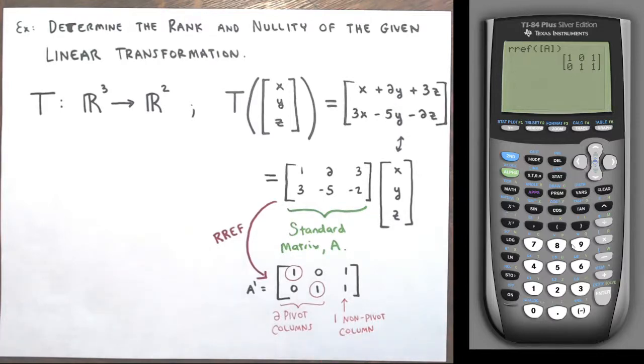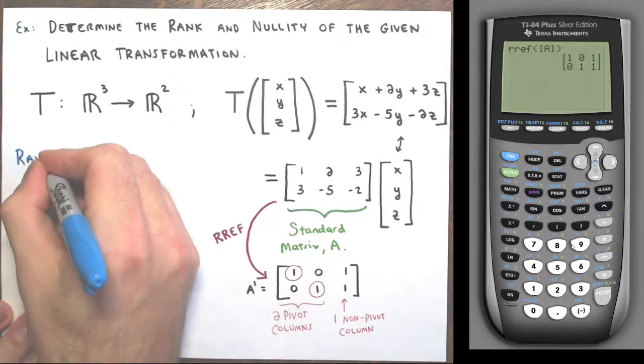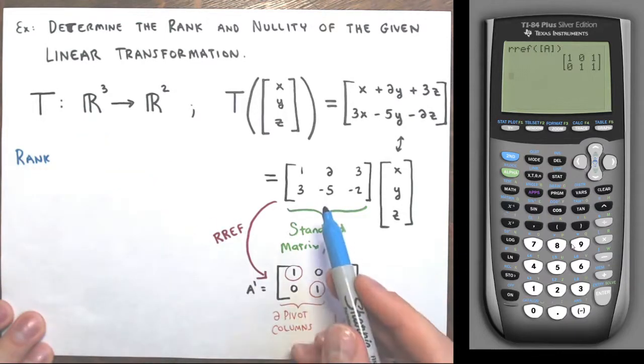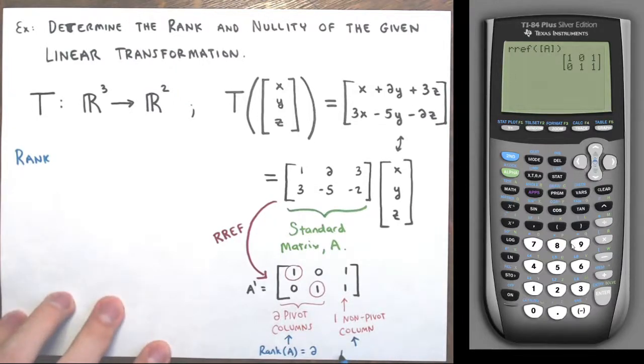Looking at that matrix in reduced echelon form, we are seeing that the rank of the matrix, the rank of A, is equal to 2. And the number of non-pivot columns is going to be the dimension of the null space. That's the nullity of our standard matrix A, which is 1.